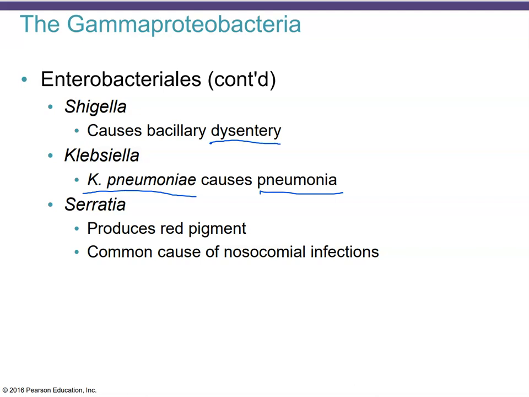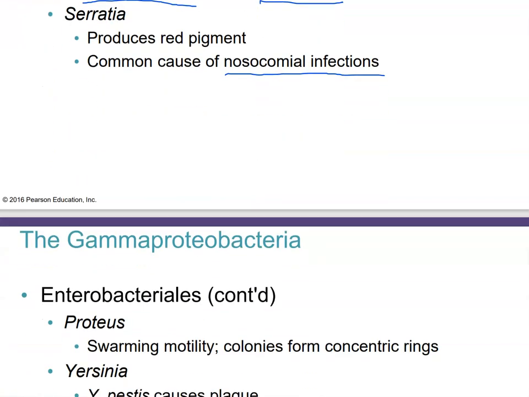It has this red pigment that makes it very easy to work with, and it also grows very easily. So Serratia is a nice lab bacterium to work with. But it can also cause nosocomial infections, like urinary tract infections. Nosocomial always means hospital acquired.